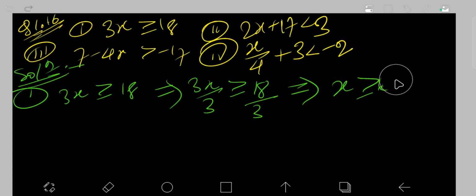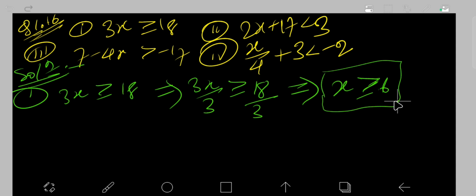See here, this one we write: given x greater than or equal to 6. And what is the solution? This is the solution, but this is not an interval, so we write it in interval form. Therefore x belongs to, the lesser number is 6, because the equality sign is given, so 6 is also included in this interval, 6 up to infinity.